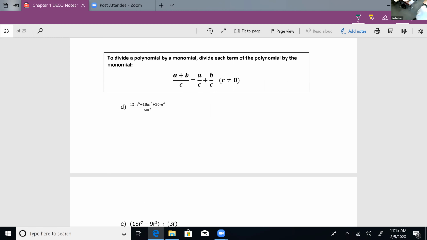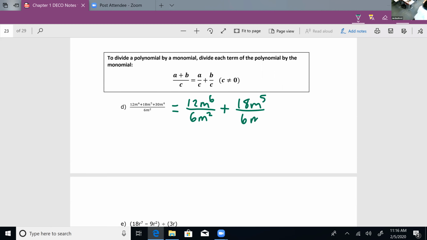So we can go the opposite direction with this. We can take each term in the numerator, which, by the way, how many terms are in this numerator? 3, good, because they're always separated by what? Plus signs or minus signs. And I can take each term over this denominator and separate it out into individual fractions.